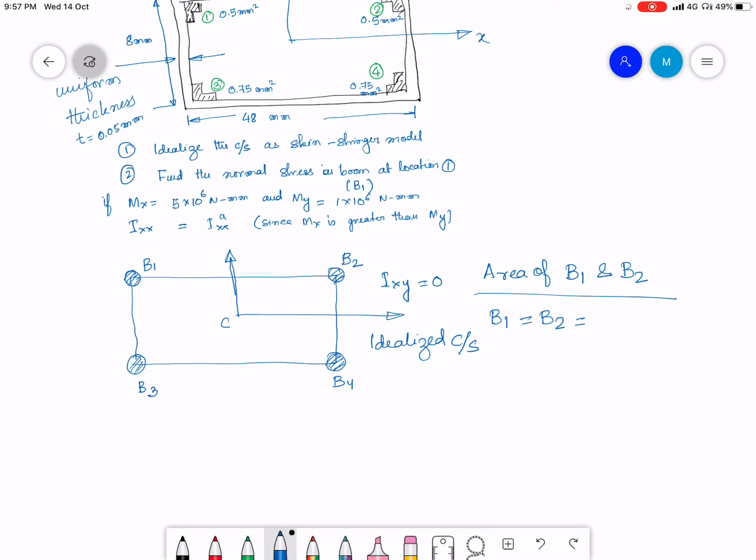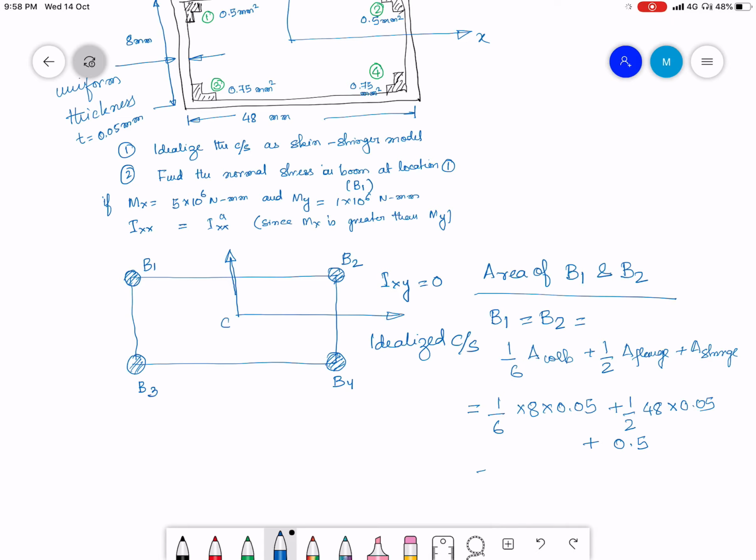So it is going to be 1/6 of the area of web plus 1/2 of the area of flange plus the area of the stringer. So if I calculate that, it is going to be 1/6 into 8 into 0.05 plus half into flange area plus the area of the stringer, which is 0.5.